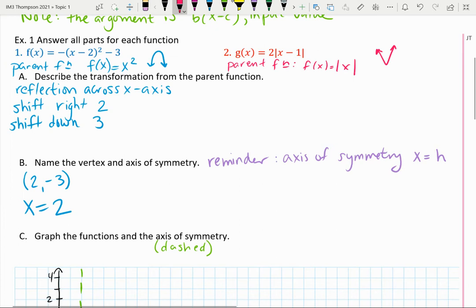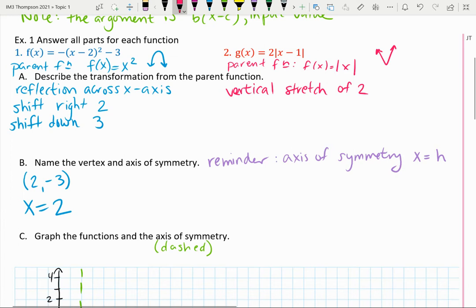One of them is the 2 is going to cause a vertical stretch of 2. It's going to be a stretch because the absolute value of that is bigger than 1. If it's like 3, 5, 3.5, it's going to cause a stretch.